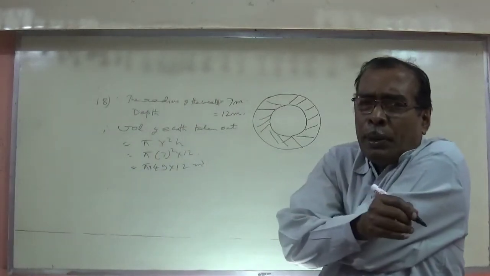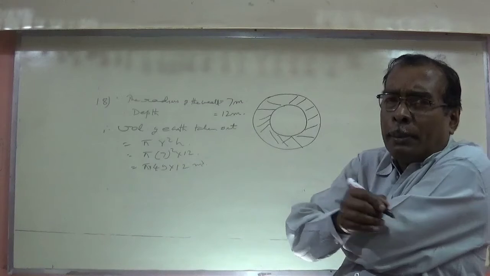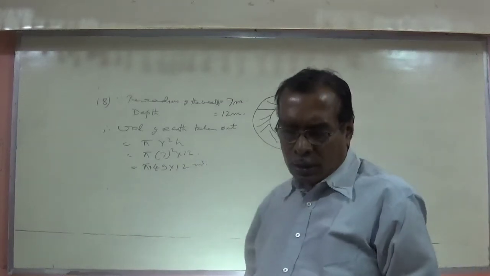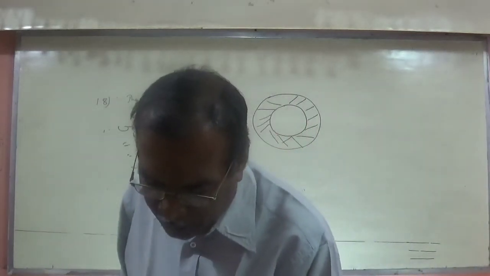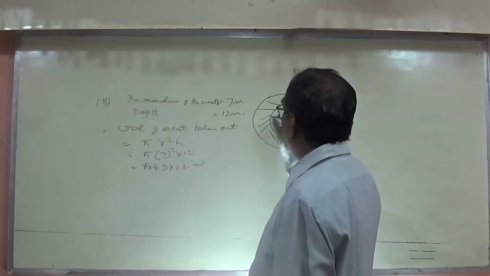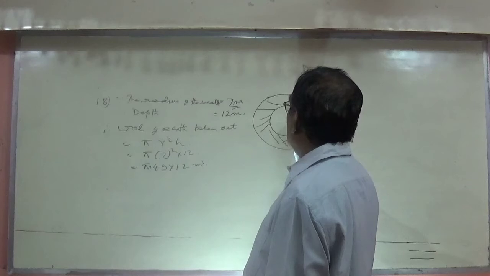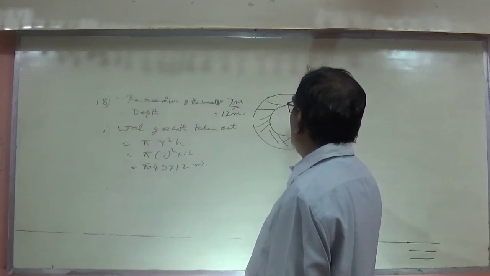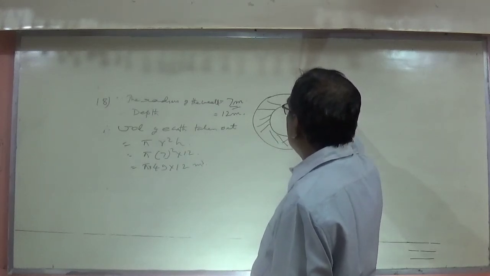Now it is going to prepare the embankment by using this earth, and it is given that the width of the embankment is 7 meter. The radius of the well is 7 meter, and this width is also given as 7 meter.